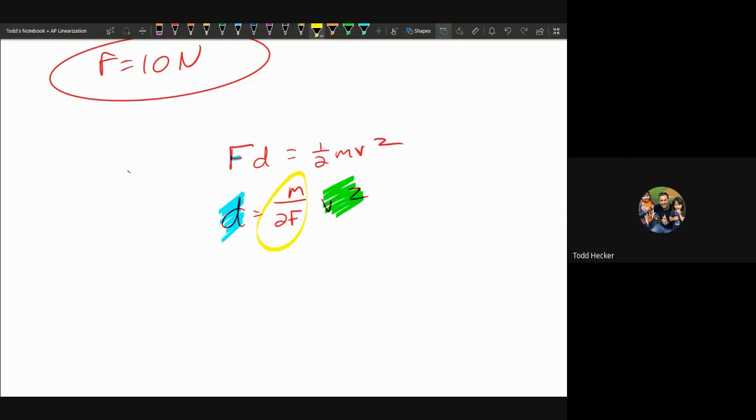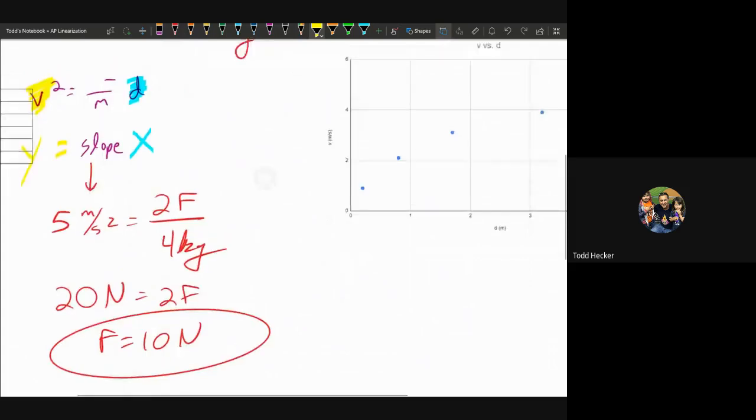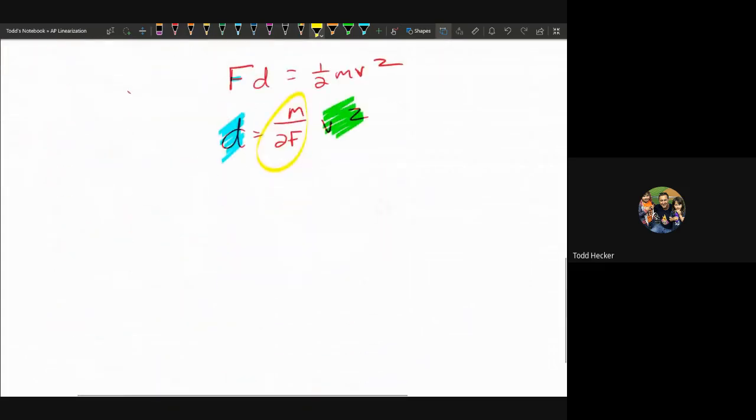Here's another way you could do it. Last time I ended up with an equation that was this: v squared equals 2f over m times d.